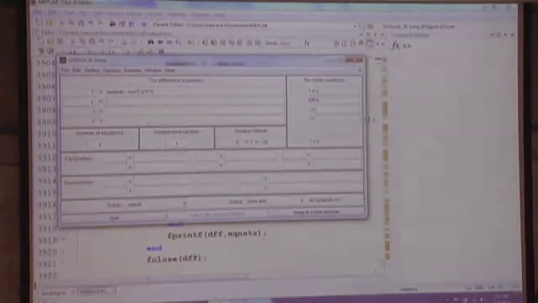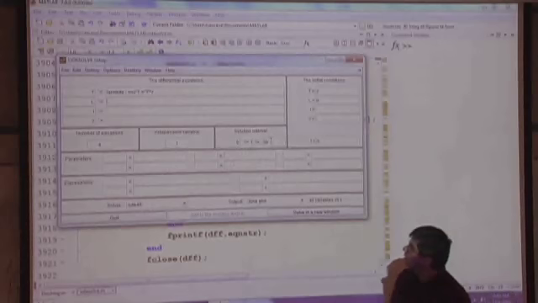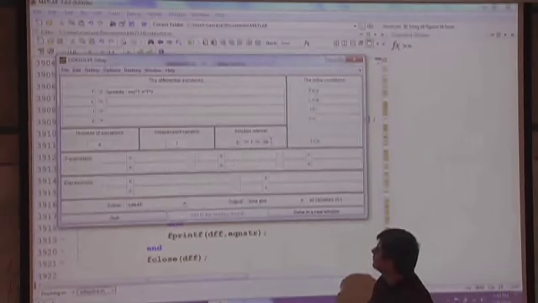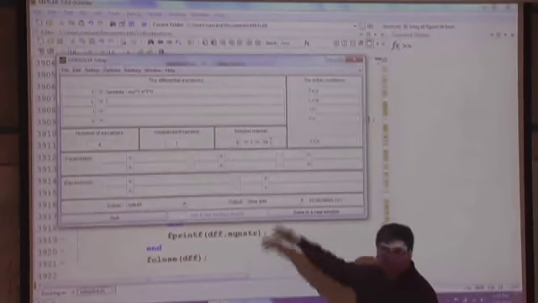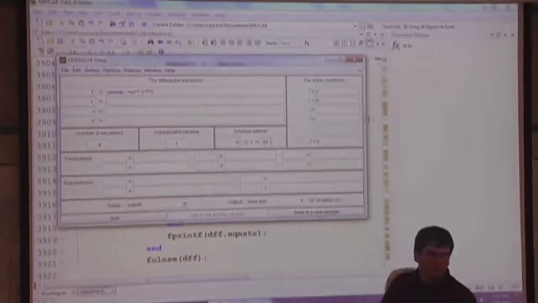So then you have initial conditions, right? And you have solutions. You have the solution interval. So t runs between this and this. It may need to be changed. I don't know if it's seconds or days. I believe this is in days.